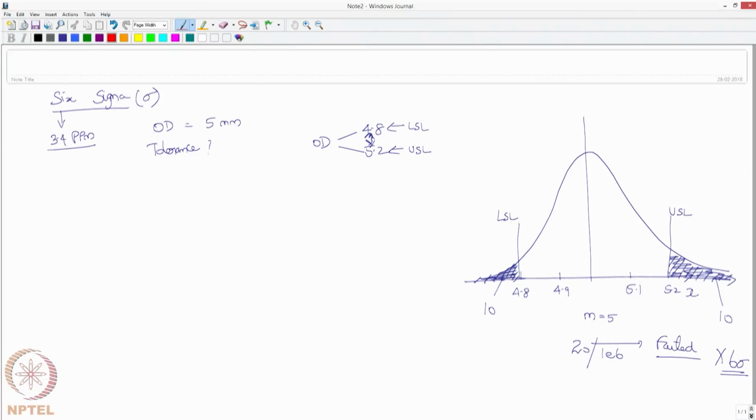Now, imagine this situation. Please understand, still my specification limits are the same. I am not changing my specification limits, it is still 4.8, below 4.8 is failure, greater than 5.2 is failure.